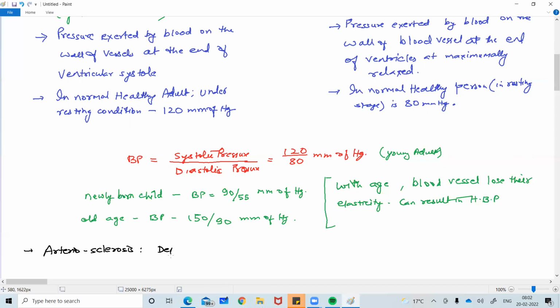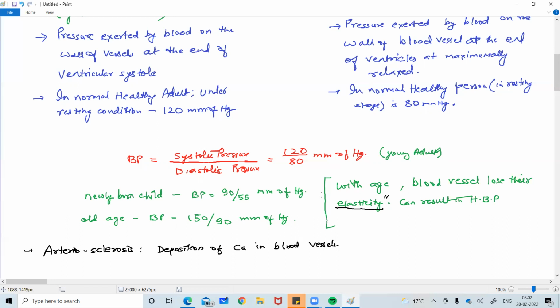Means, in one line, you can say deposition of calcium in blood vessel. Again, the BP is also based on elasticity.